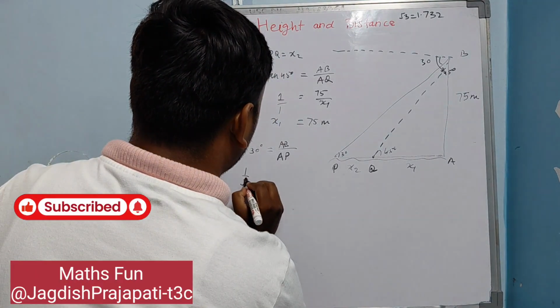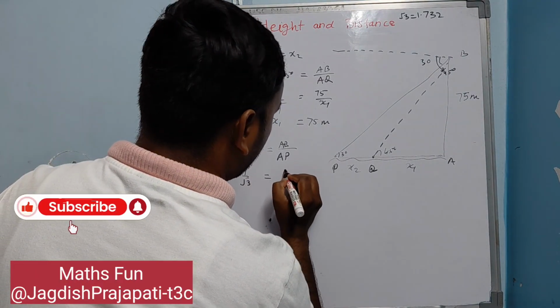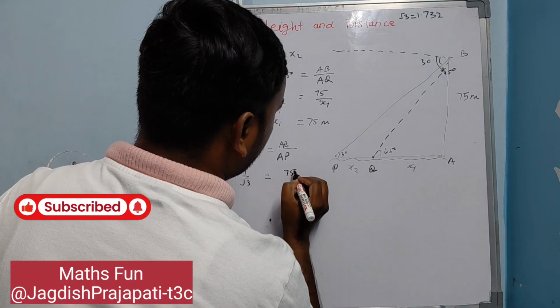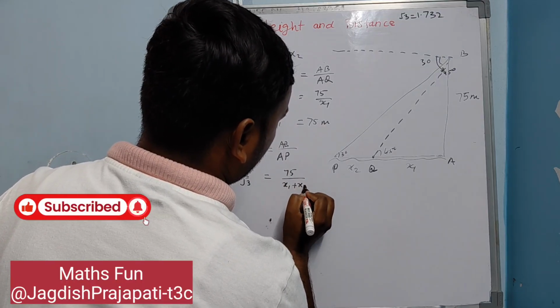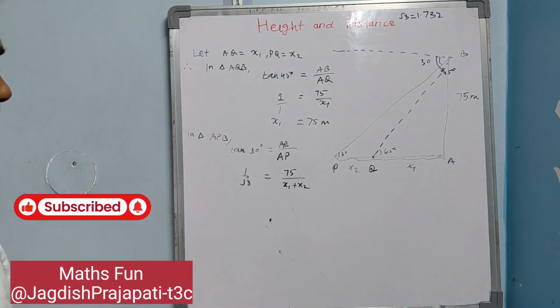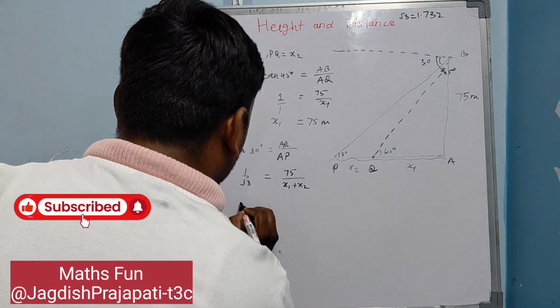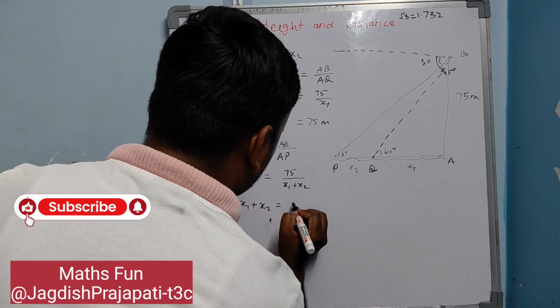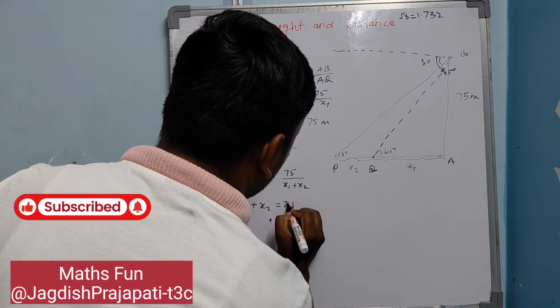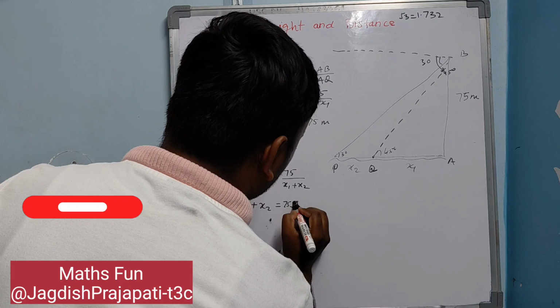Tan 30 is 1 upon under root 3. AB is 75 meter. AP is x1 plus x2. Okay. So now, same, using cross multiplication, x1 plus x2 is 75 times under root 3.